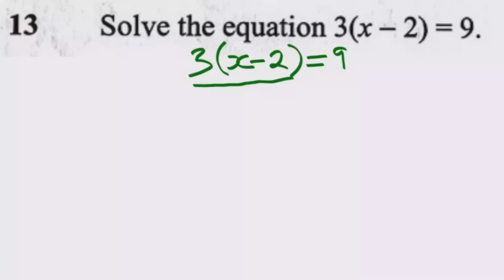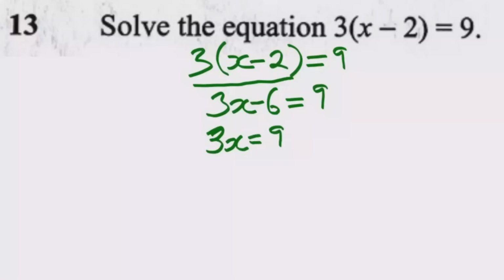So we say 3 by x will give us 3x, 3 by negative 2 will give us negative 6, which is equal to 9. Okay, then what do we do? We put like terms together, so that means 3x is equal to 9. Then 6 will cross the equal sign and come to this side, then it is going to be positive, plus 6, which will give us 3x is equal to 15. 9 plus 6 will give us 15.